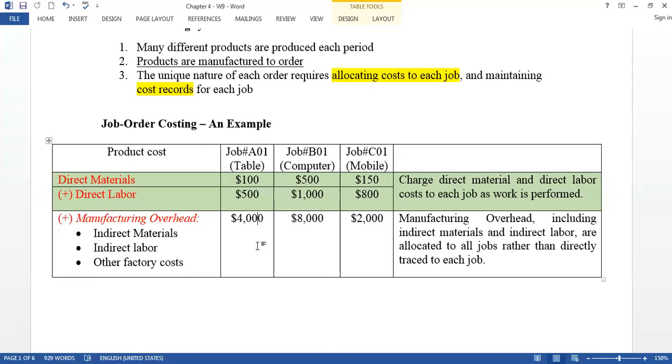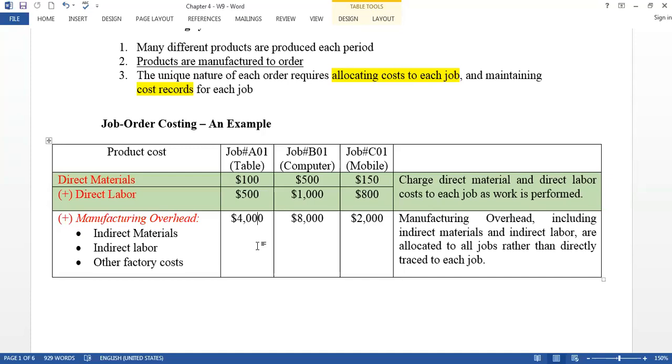Like indirect materials. Look, there is some color here. I used some color, you use some color. Maybe you also use brown color or red color, but it's very difficult to identify which one is used by tables, which one is used by computers or some other jobs. And other factory costs, like equipment.